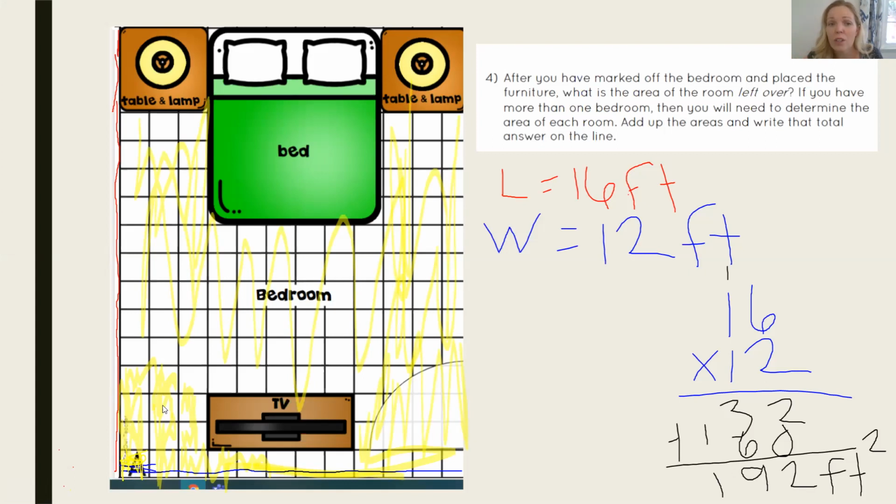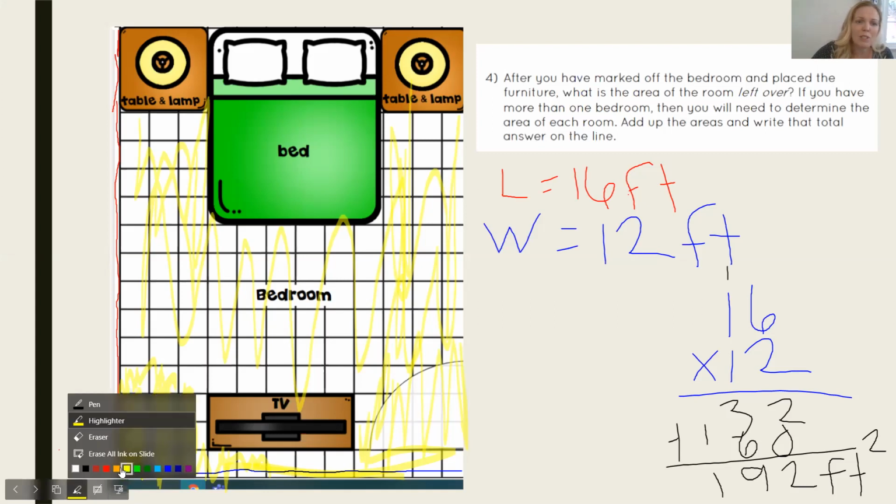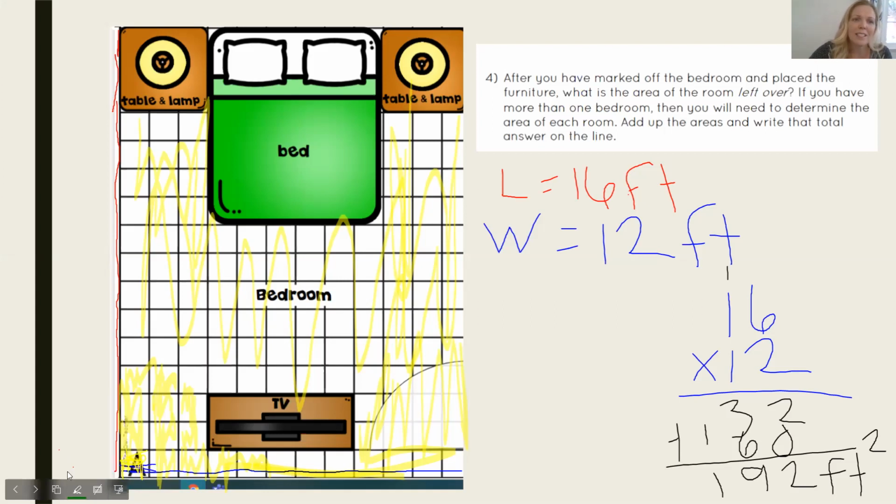The other alternative would then be to count up the space the furniture takes up. So in this case, if I wanted to count up how much space the furniture takes up, I might say, well, this table and lamp take up 1, 2, 3, 4, 5, 6, 7, 8, 9. So then I also know that this other table and lamp also take up 9.